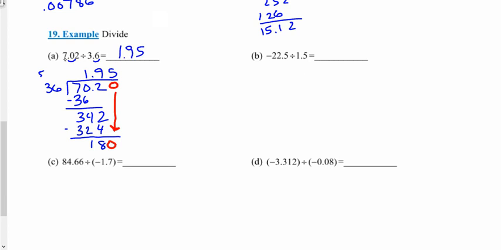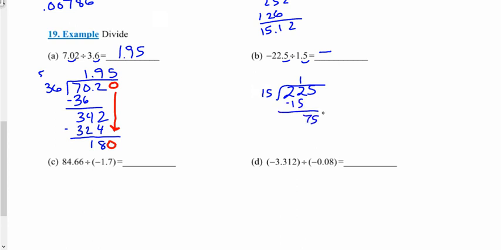Now I'm going to go back and double check the signs. I can see that positive divided by positive must still be a positive. Okay. The next one, I have a negative divided by a positive. That answer is going to be a negative. This is going to move over one place, and this will move over one place. Hey, no more decimals. This just says 225 divided by 15. 15 goes into 22 one time.